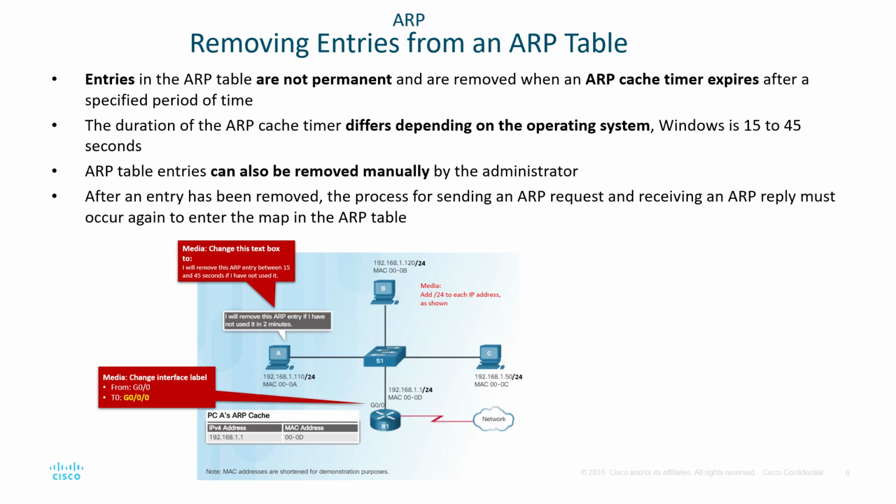After an entry has been removed, however, the process for sending an ARP request and receiving a reply must occur again to enter the map in the ARP table if the destination is for the mapping that was removed. So we can go in there and remove these things manually, although it is not suggested to do so, but do know that you have that option.